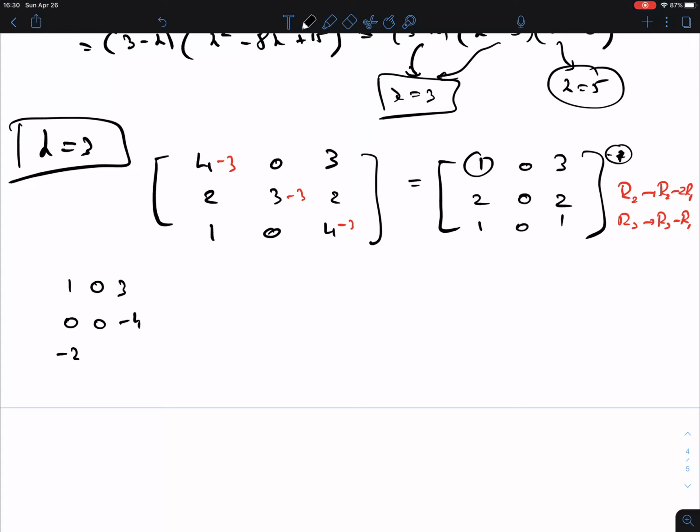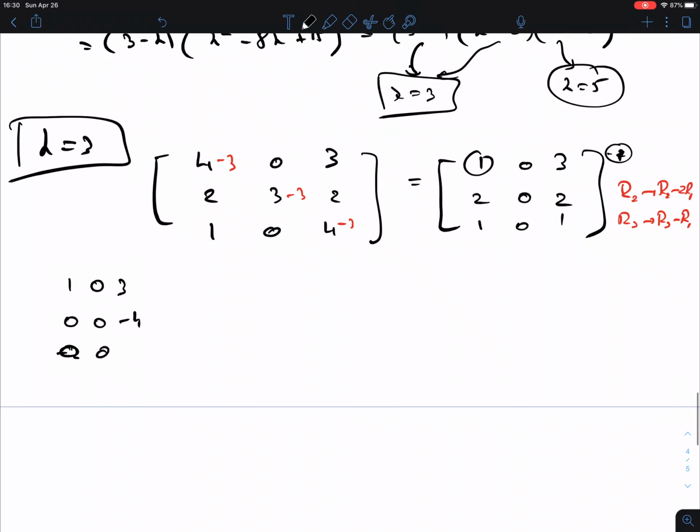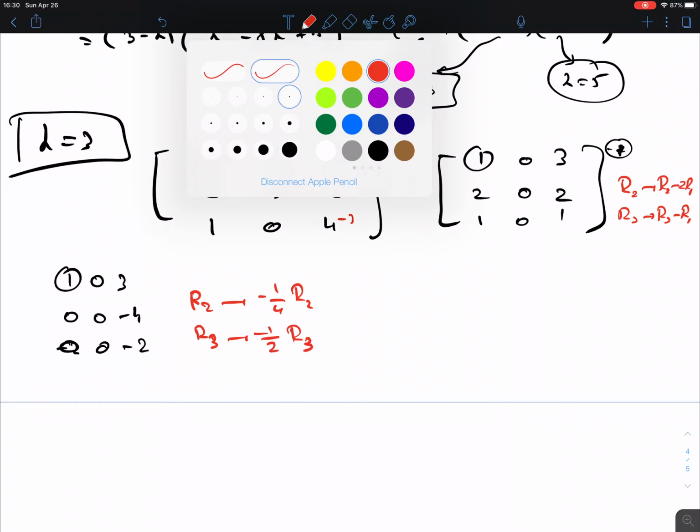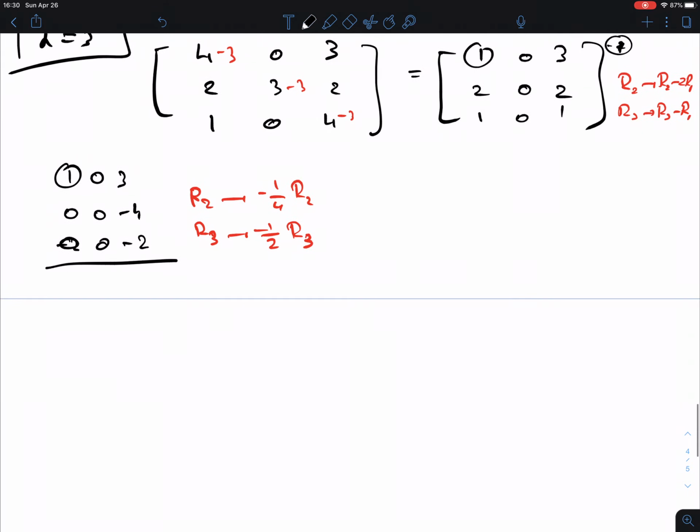Sorry, no, I'm multiplying now with negative 1 and subtracting, so I get a 0, of course. That's what I want, a 0 there, and a negative 2 there. Okay, that's already taken care of this pivot. Now the next pivot we can easily make into 1 with row 2 minus 1/4 row 2. Since I'm at it, I can easily also get rid of the 2 in row 3. So this gives me 1, 0, 3, 0, 0, 1, 0, 0, 0.